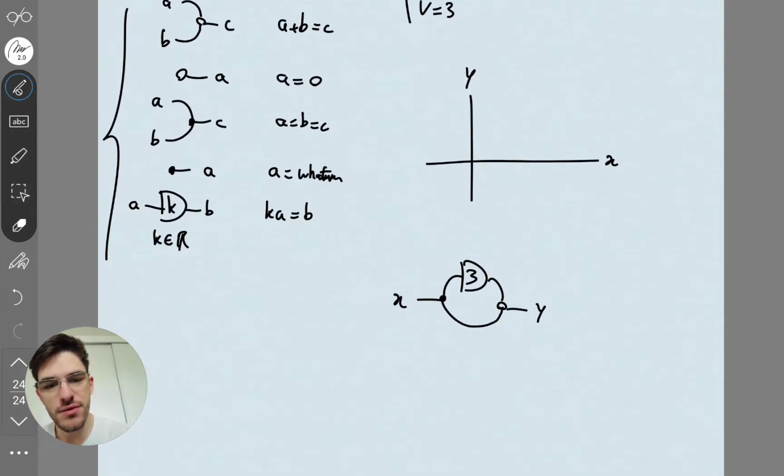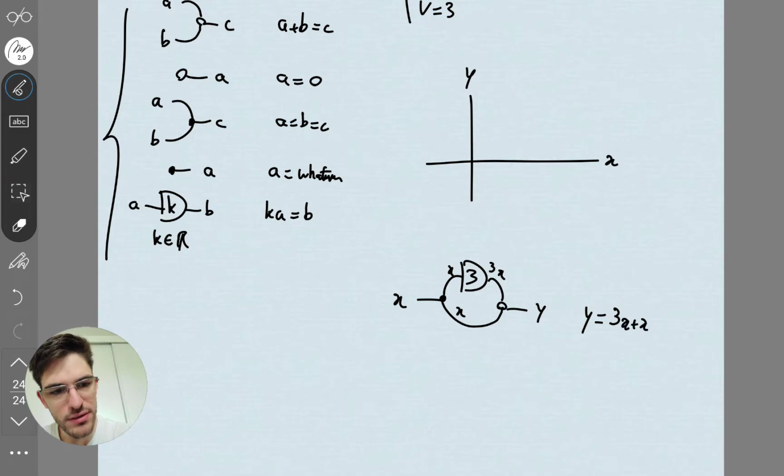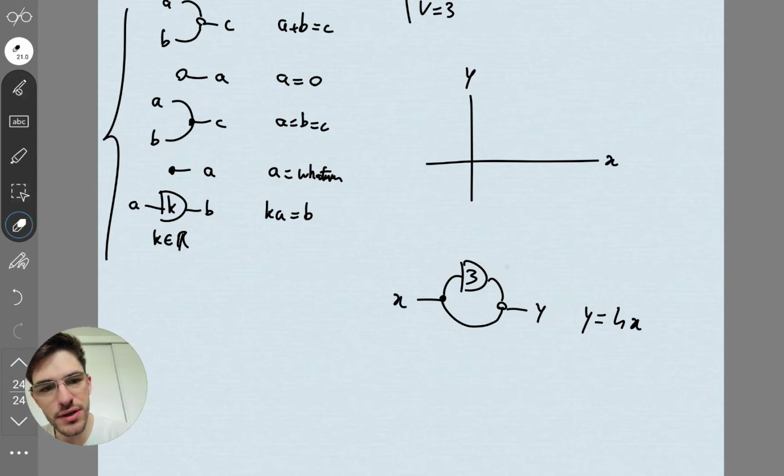In fact, if we look at what this means, we have x here, we have 3x. So y is 3x plus x, which is 4x. It's a convoluted way of writing 4x.